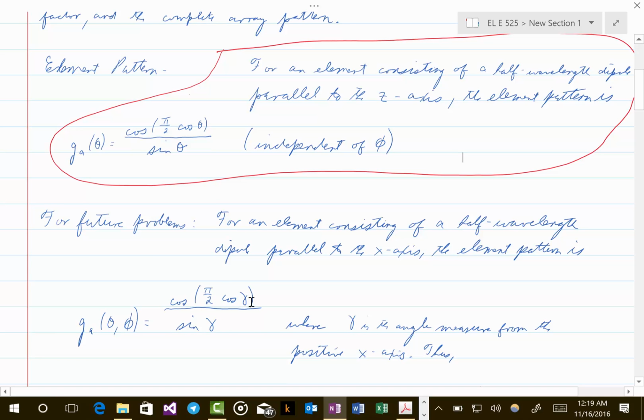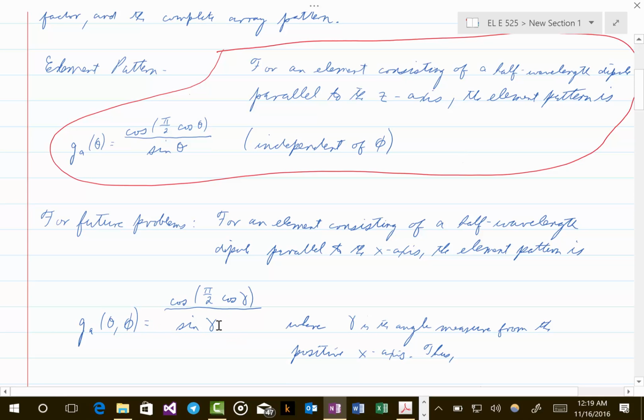Well, it's customary to write these patterns in terms of theta and phi, where theta and phi are the customary spherical angles, or angles of the spherical coordinate system.